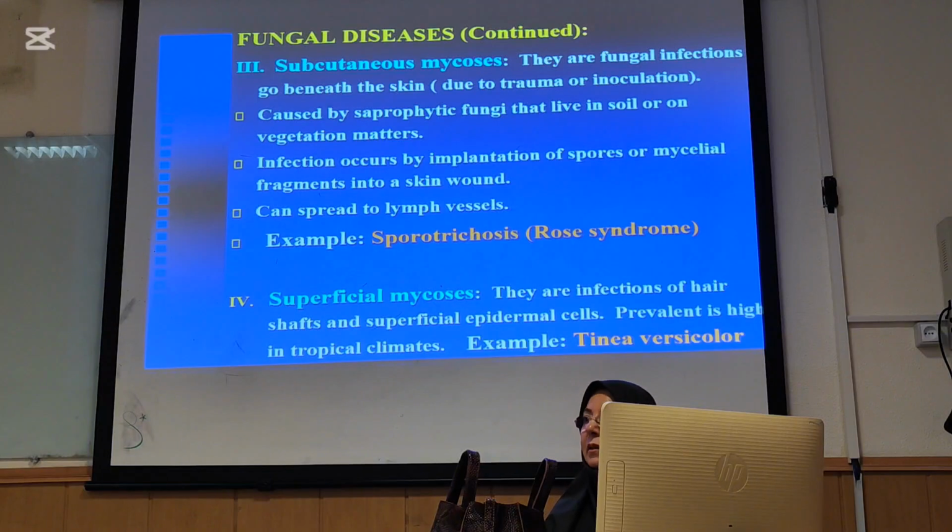For example, tinea versicolor. Do you know about tinea versicolor? It's a very common form of superficial mycosis and usually is seen as hyperpigmented or hypopigmented macules, usually on the trunk, in sebum-rich sites of the body: neck, back, flexor areas, armpit.